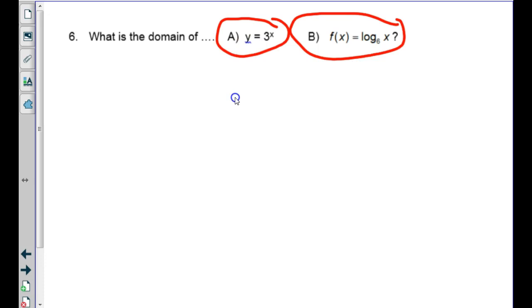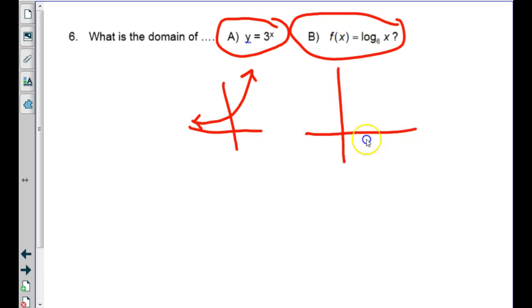3 to the x, whoa, if you graph it, looks like this. The domain is all real numbers, but does anybody remember what a log function looks like, no matter what the base? It's the inverse of one of those, so it looks like this. Is that all real numbers?